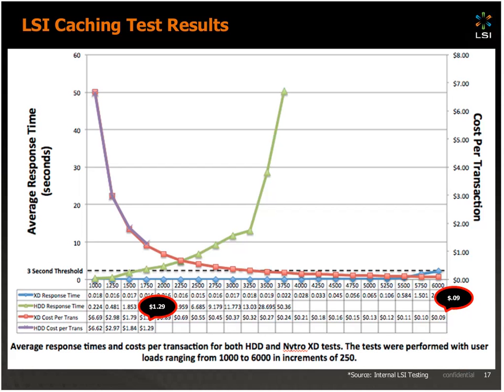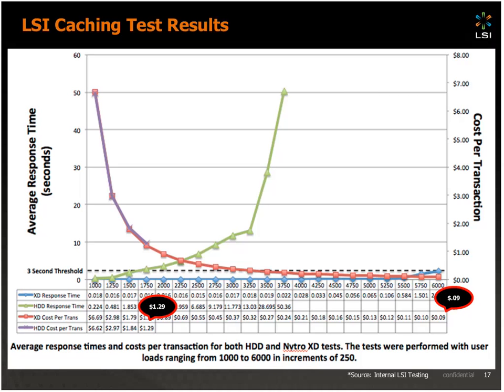Here's a graph. We did a benchmark on how many users we can support when response time is under 3 seconds. We created a server and did a hard disk baseline, and we ended up with 1,750 users before transactions started getting above 3-second response time. The cost on the left side for hard disk is $1.29 per transaction for 1,750 users.